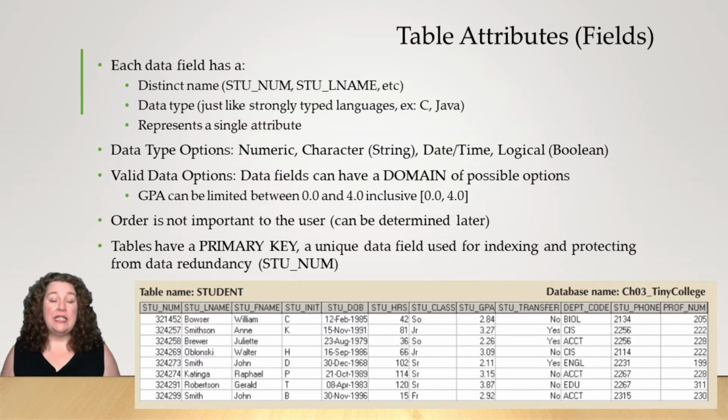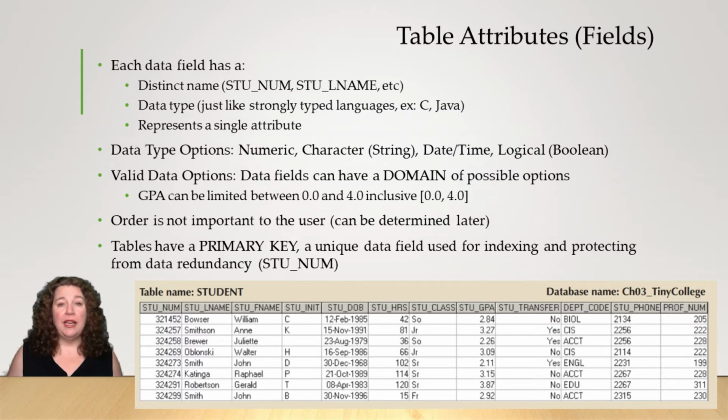So if this is a date field and it's an age, for instance, then your possible options are probably 1900 through 2020, because people aren't going to be more than 120 years old unless you're representing an age for a different purpose, like an ancestry type situation. But you probably have some semblance of a domain or a grouping of options for this data field.